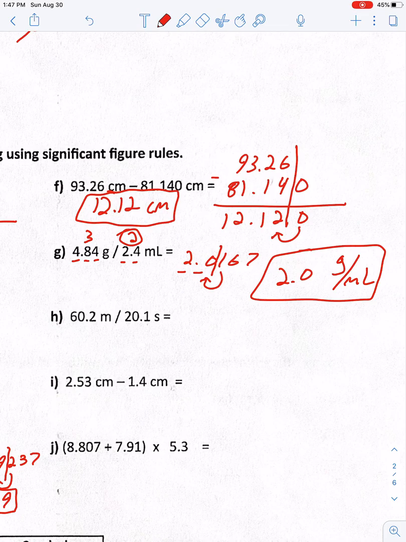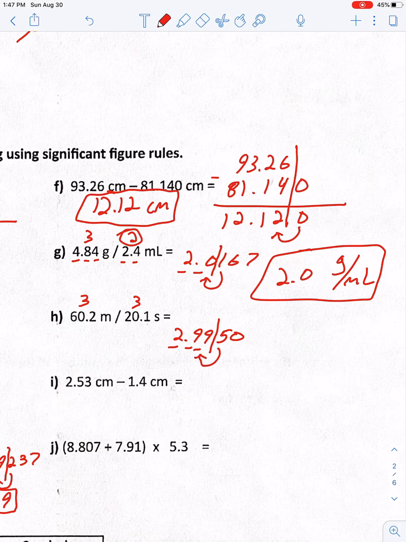Okay, 60.2 meters, so I have 3 significant figures. 20.1, I have 3 significant figures, so my answer can only have 3. So 60.2 divided by 20.1 gives me 2.9950, and it goes on, but I can only have 3. So 1, 2, 3, draw my line.